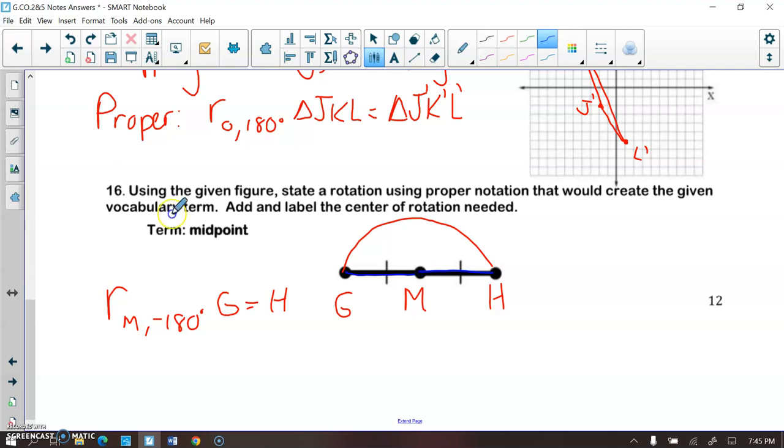So we defined that M is the midpoint in between G and H with this 180 degree rotation.